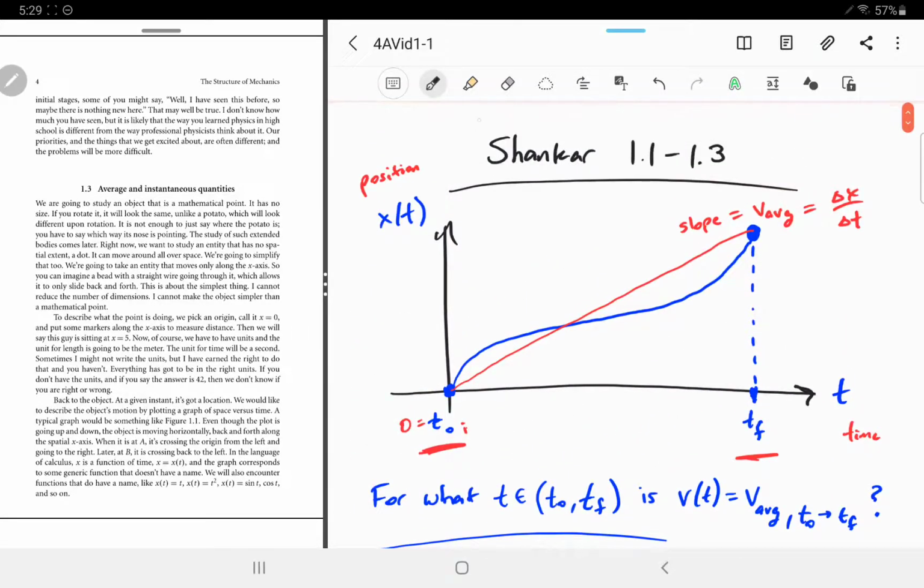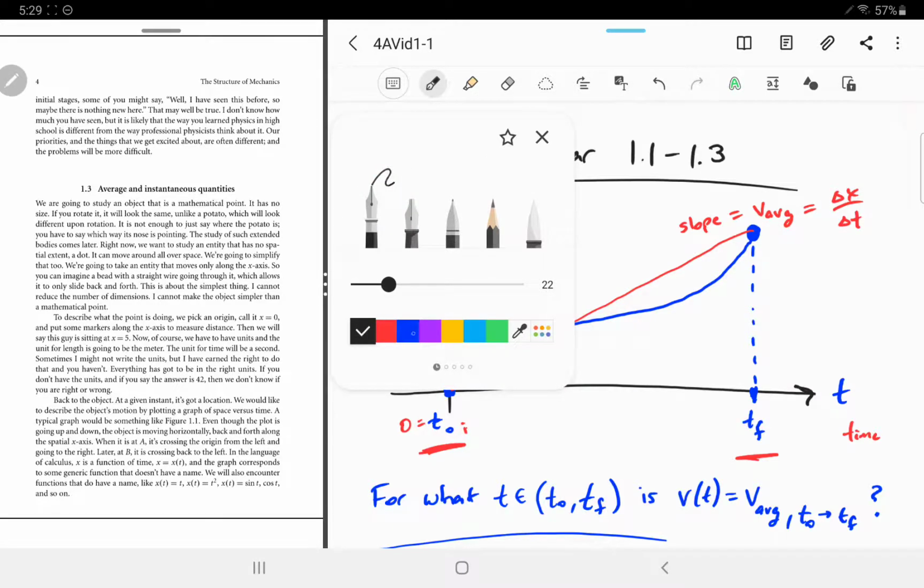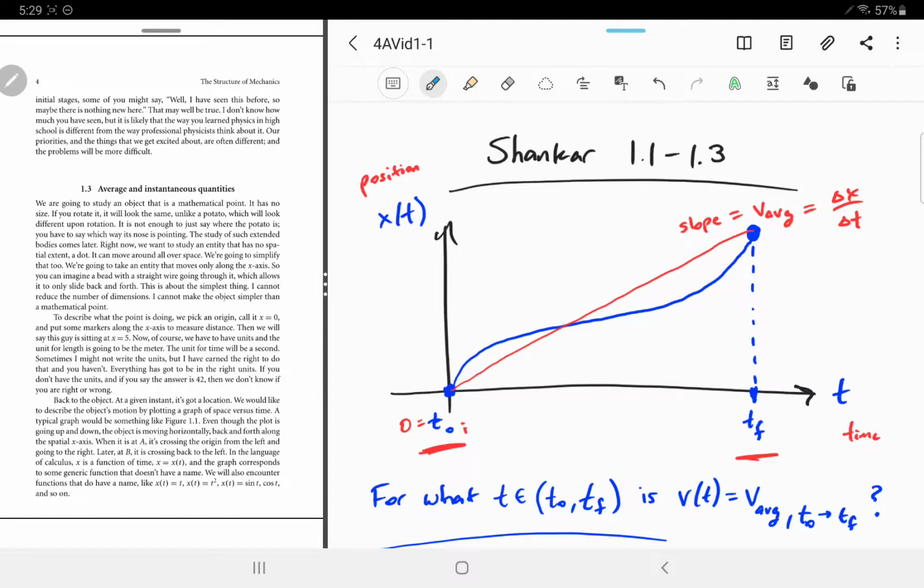Now, what this means is this is going to be the slope of the tangent line of the graph at any point. For any point you look at, let's just specify this point right here, we can draw the tangent line to the graph, and the slope of the tangent line would be the derivative.